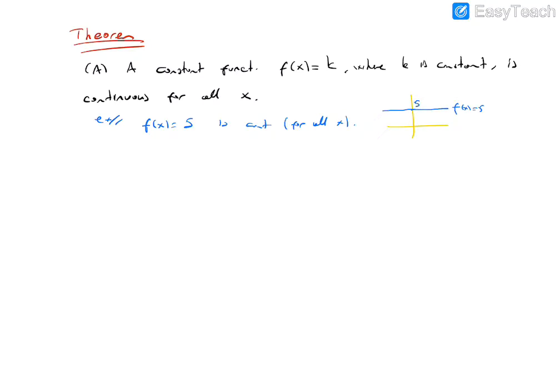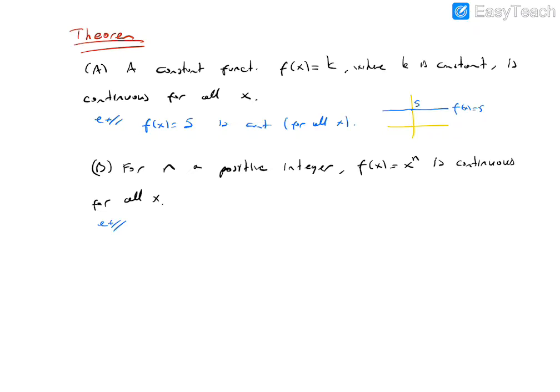Second one, for n a positive integer, f of x equals x to the power n is continuous for all x. For example, x to the power 4, or x squared, x cubed, you know all of them.